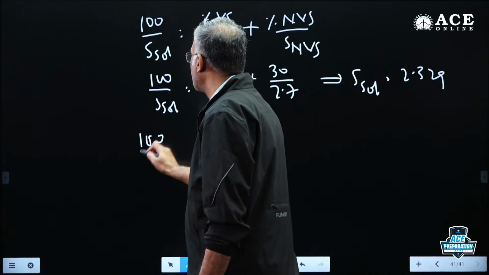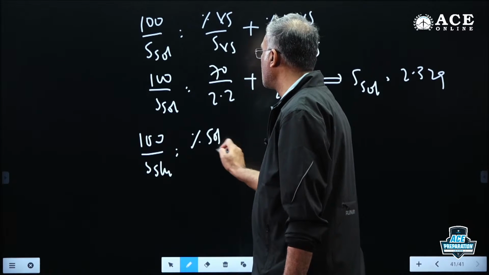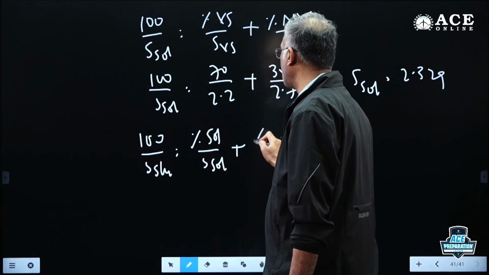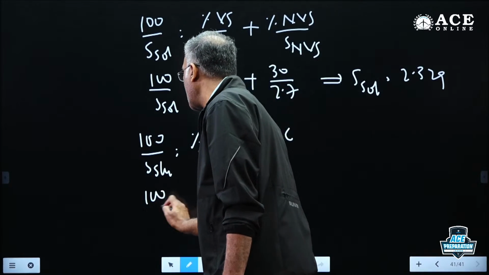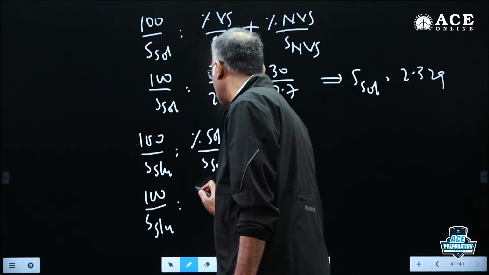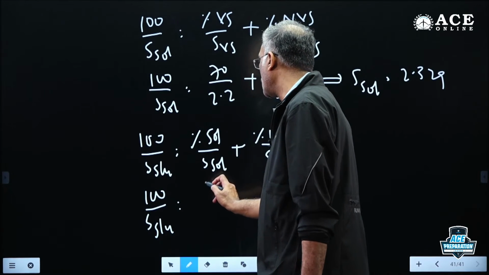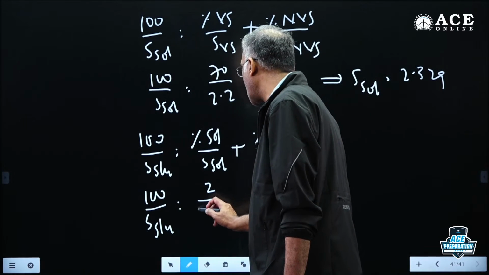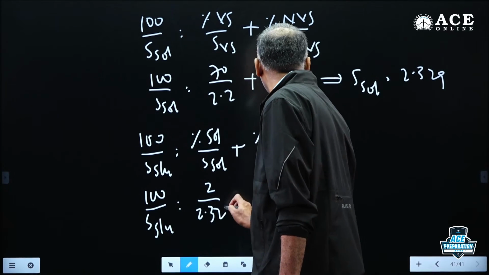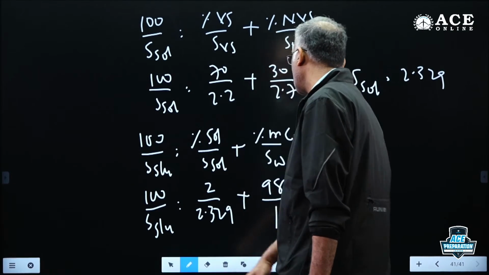Then 100 by specific gravity of sludge is equal to percentage solids by specific gravity of solids plus percentage moisture content by specific gravity of water. Solids are 2%, given in the question, and the remaining is moisture content. The specific gravity of solids we got is 2.329, plus moisture content is 98% with specific gravity 1.